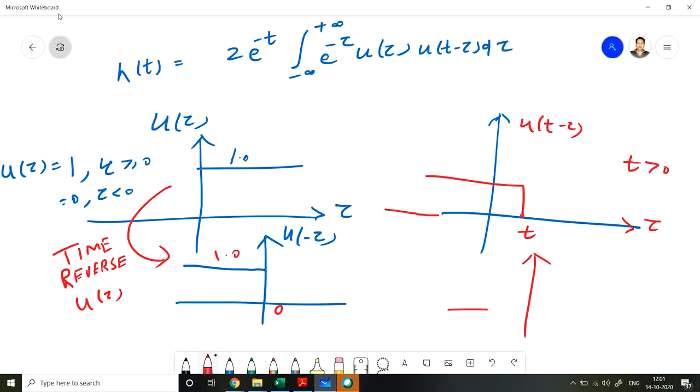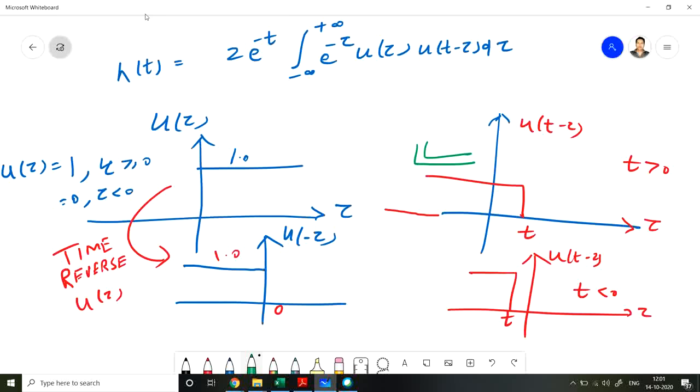And for t less than 0 it should be like this. Now for the sake of simplicity, because it is an impulse response of the LTI system, we are considering the scenario t greater than 0. So this is our u(t minus tau).